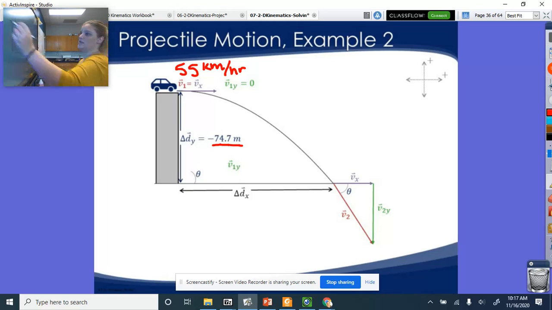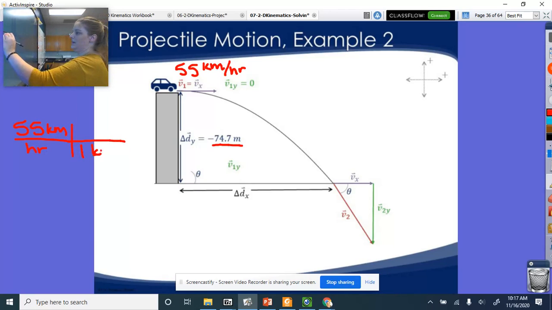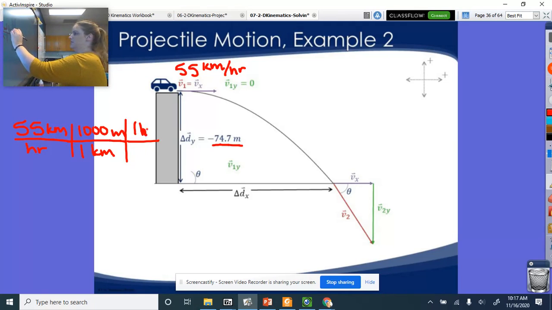So real fast to do that, 55 kilometers per hour, and I want it in meters per second. So I cancel out my kilometers. I have 1,000 meters. And then I cancel out my hour. 1 hour is 3,600 seconds.